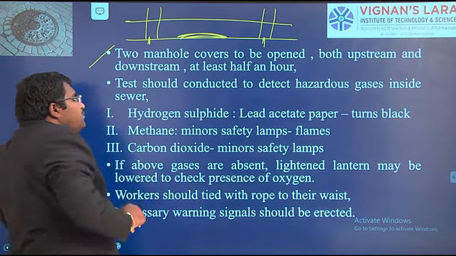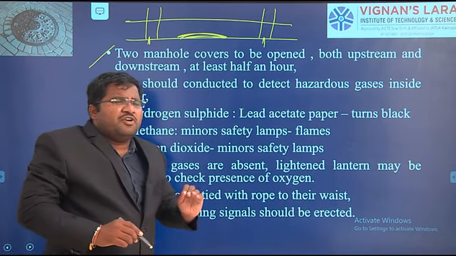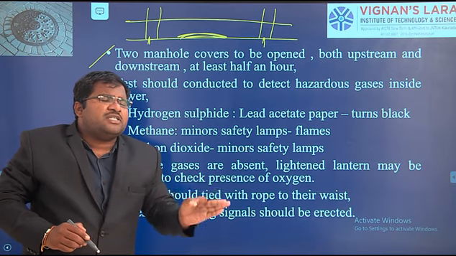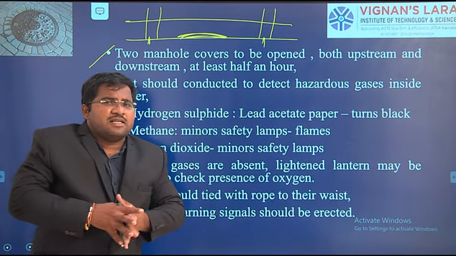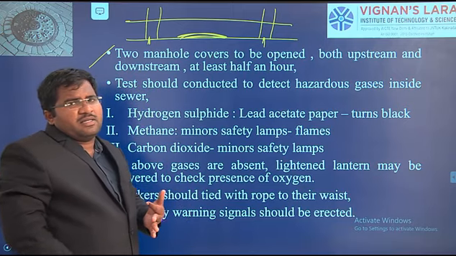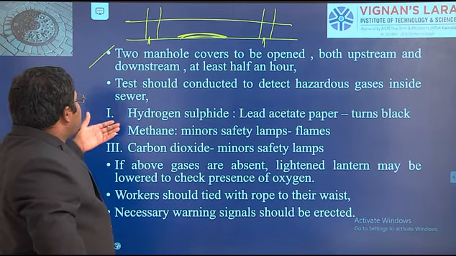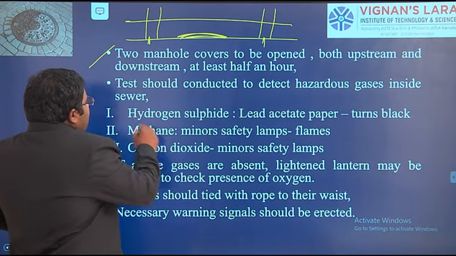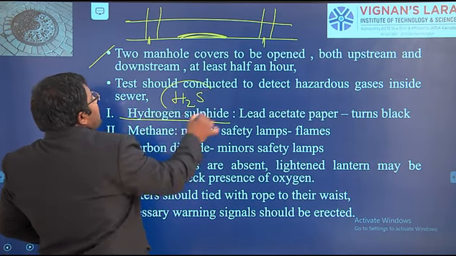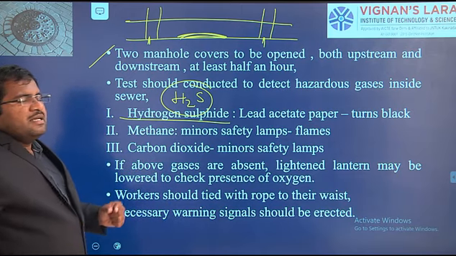Next point, we are going to test for the presence of any poisonous or hazardous gases. What are they? H2S, methane, carbon monoxide or carbon dioxide. The first is the test for hydrogen sulfide, to know the presence of H2S inside the sewer pipeline.